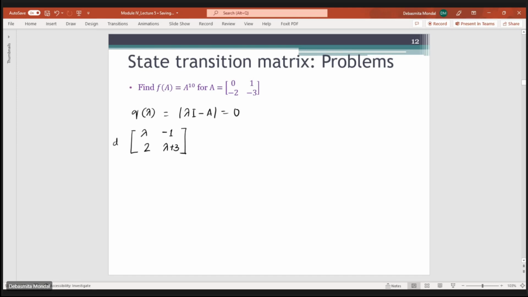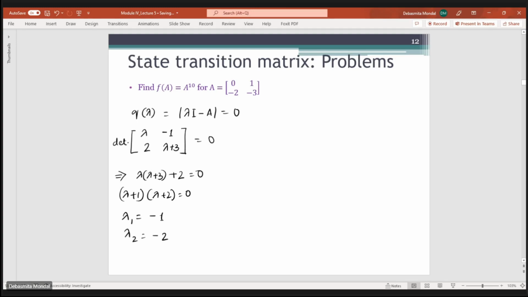Basically the determinant of this matrix will be equal to 0. Okay, so this becomes lambda into lambda plus 3 plus 2 is equal to 0, and if you solve this equation you will get lambda plus 1 into lambda plus 2 is equal to 0. So that means there are two eigenvalues, one is lambda 1 equal to minus 1, and another one is lambda 2, which is equal to minus 2. So you have two distinct eigenvalues of the matrix A.